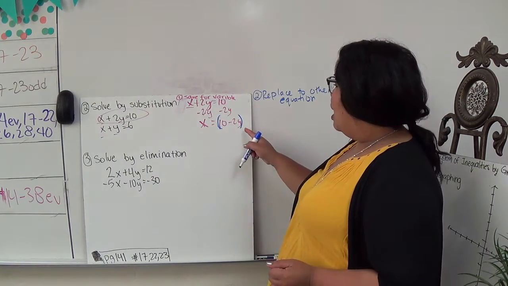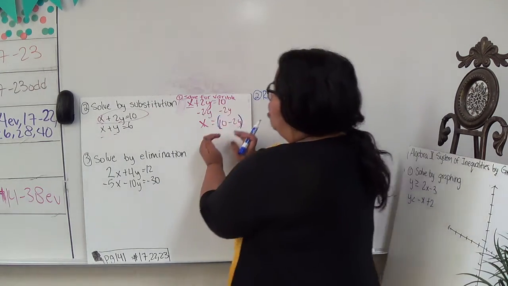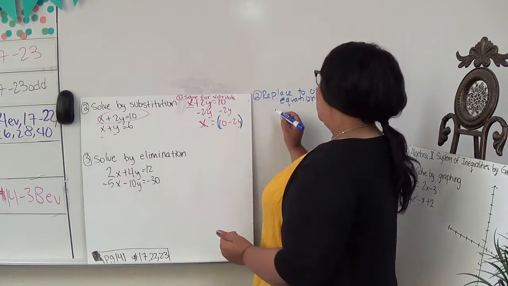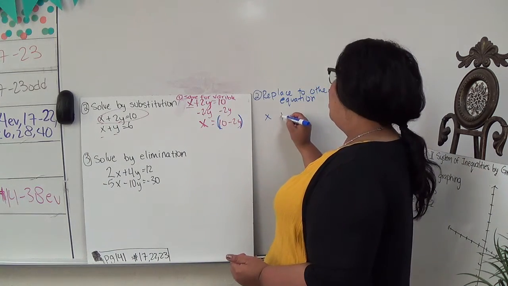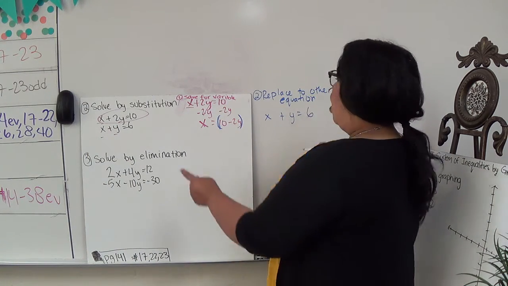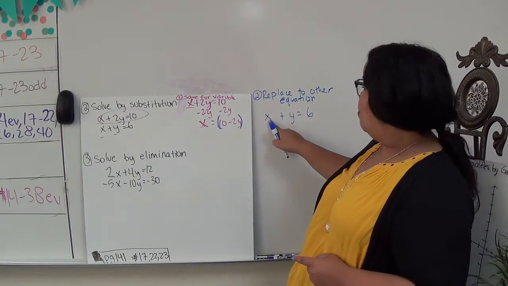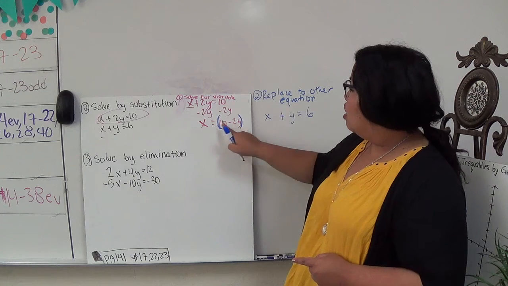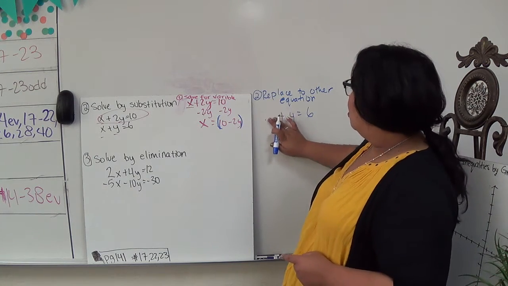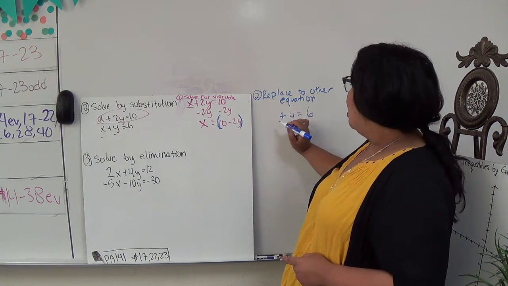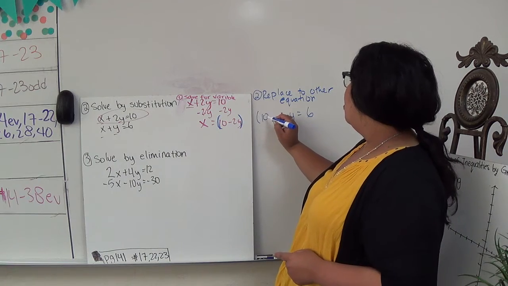So I'm going to take this and bubble it and replace it for all that is x. So watch what I'm doing here. I copy this entire equation right there, but instead of x, because now I know that x equals this, I'm going to erase x and put this whole bubble in here.